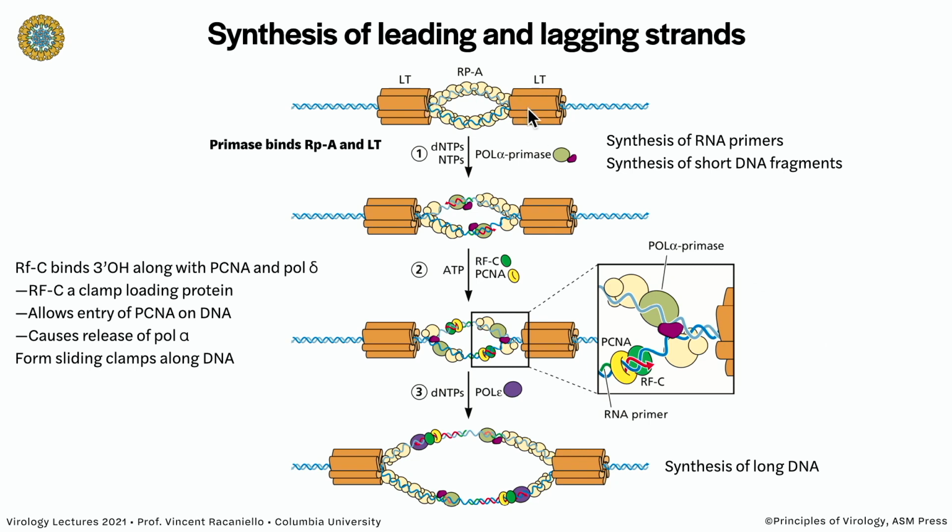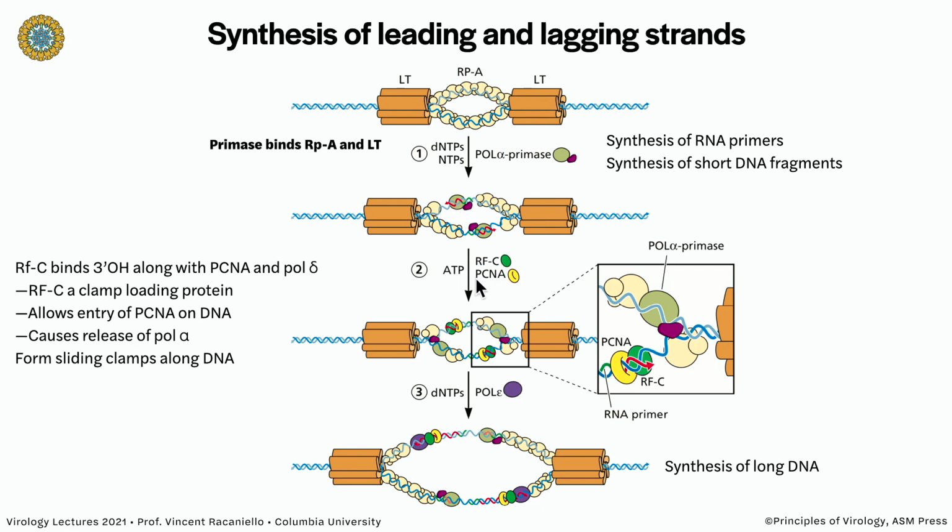So here we have that large T flanked bubble with RPA bound to both strands. Then the first polymerase comes in, called polymerase alpha primase, which makes the RNA primers on this single strand, on both strands, of course, and it will also make short DNA fragments. So here we have Pol alpha primase coming in and starting to synthesize the RNA primer, and then the red is the DNA.